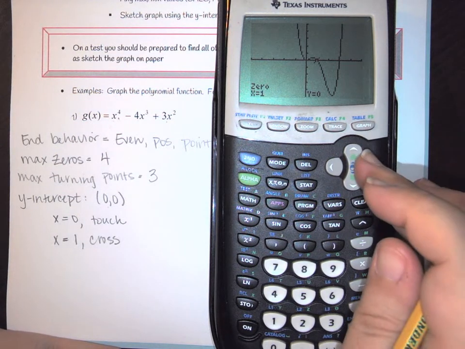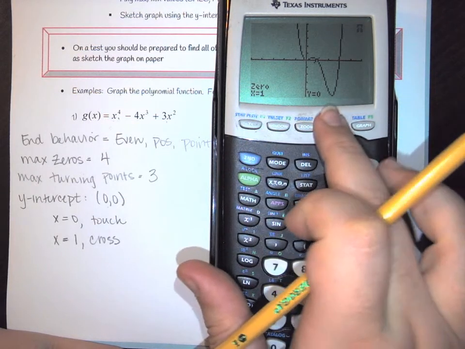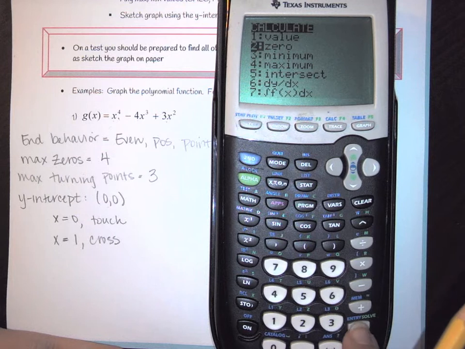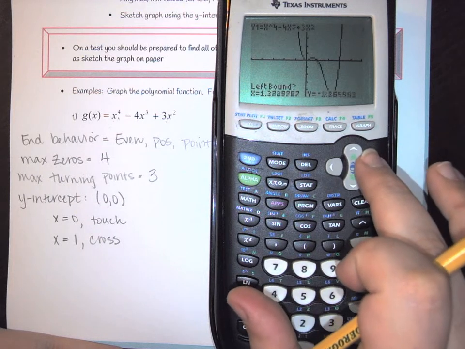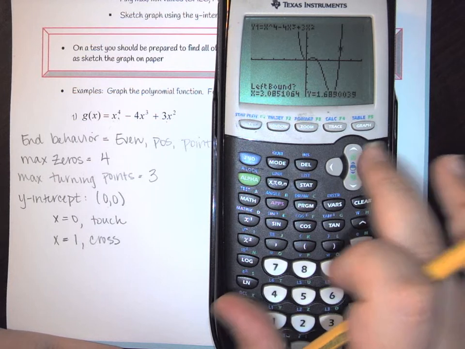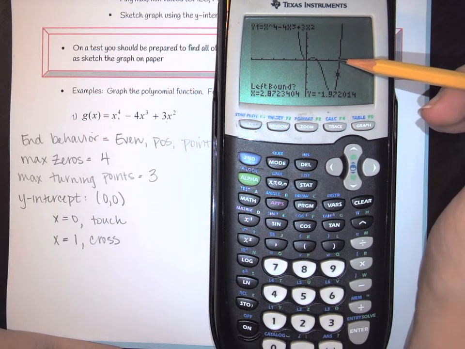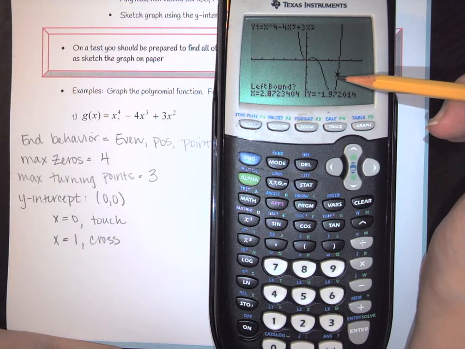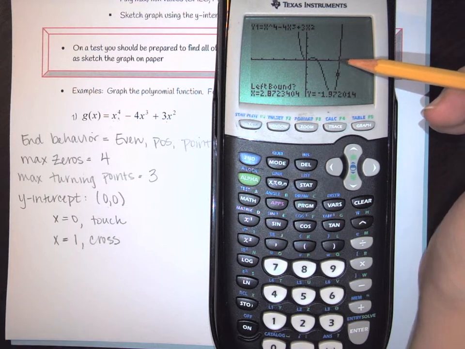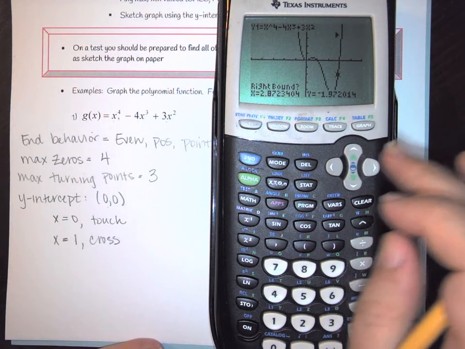Okay, now I have another one. So again, I can go second, calc, come down to 0 and hit enter, and now I need to come all the way over, whoops, too far, to the left side of this next 0. Okay, so now that I'm on the left hand side of it, and there's my 0, I'm going to hit enter. That's going to cement in that left bound.